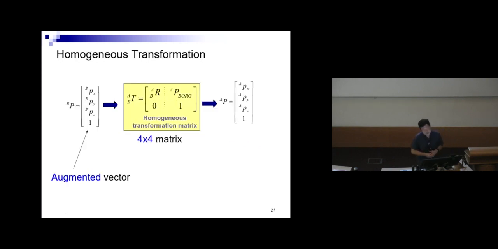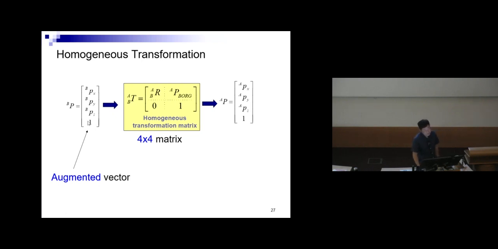For homogeneous transformation, we are not going to stress too much on the matrix itself. We'll simply say that if I have a vector BP, which is expressed in terms of the B coordinate frame, it will be BPX, BPY, BPZ, and then we will have one more element, making it an augmented vector.